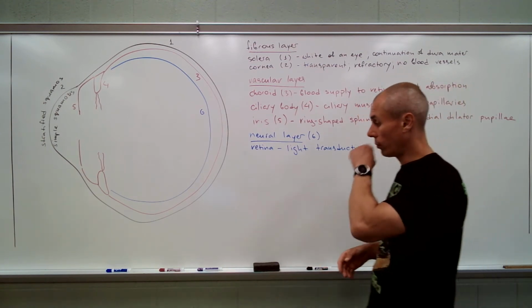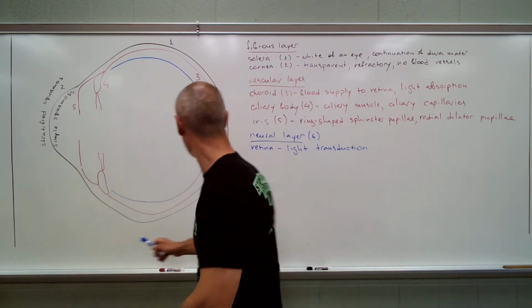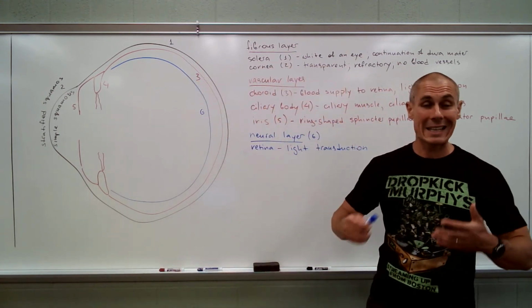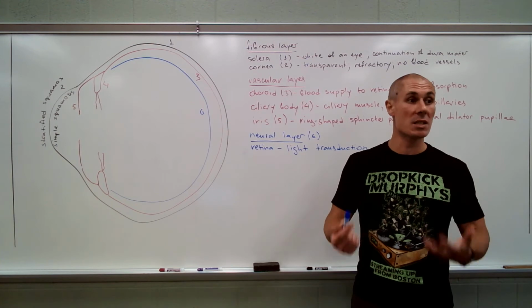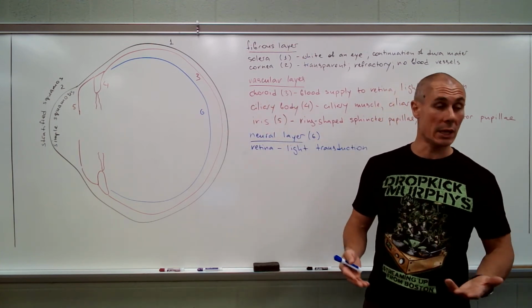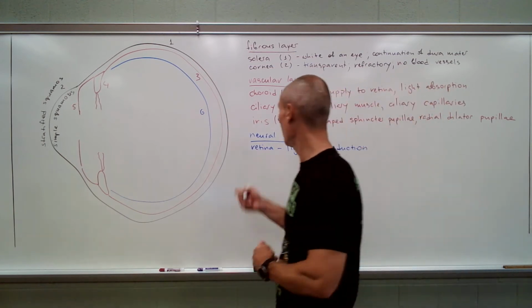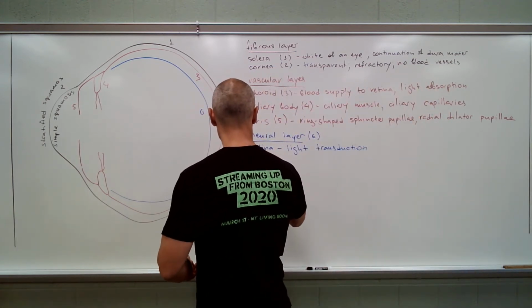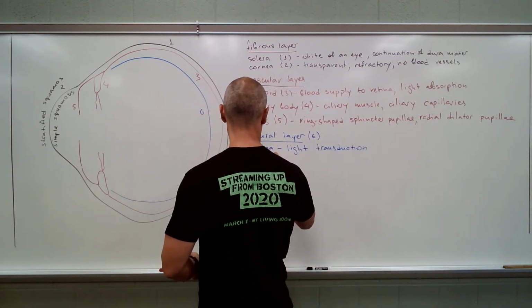So retina performs the light transduction. Basically, if retina is gone, you can't see. Everything else may be completely functional, you can't see if retina is gone. And then there is a pigmented layer within.